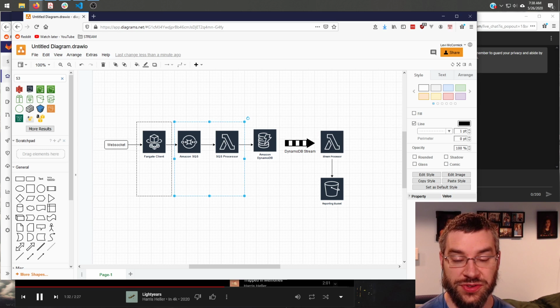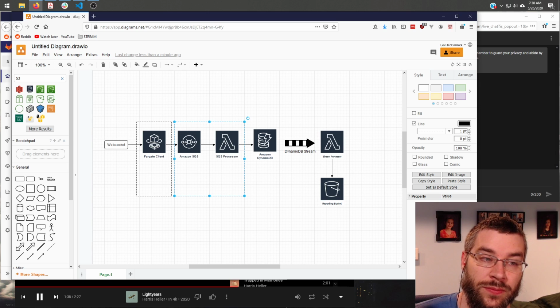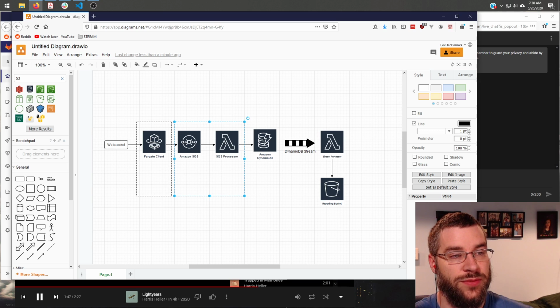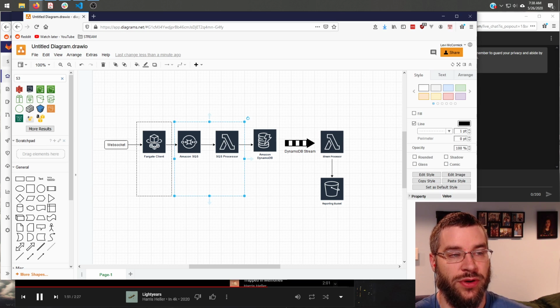Then the references in the stack will resolve your dependency chain and deploy them out in the right order. So because of that, we're going to have a dependency between this Lambda function and the queue.